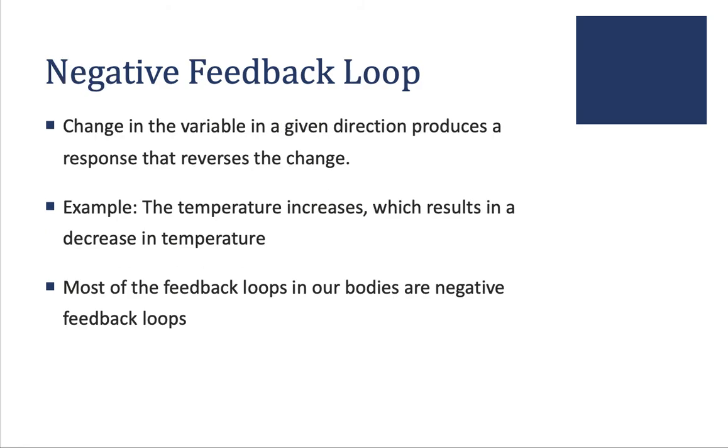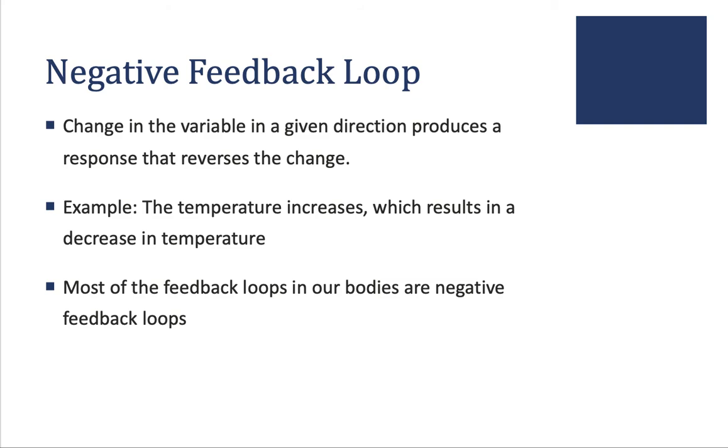However, most of the feedback loops within our body are negative feedback loops. Negative feedback loops happen when a change in a variable produces a response that reverses that change.